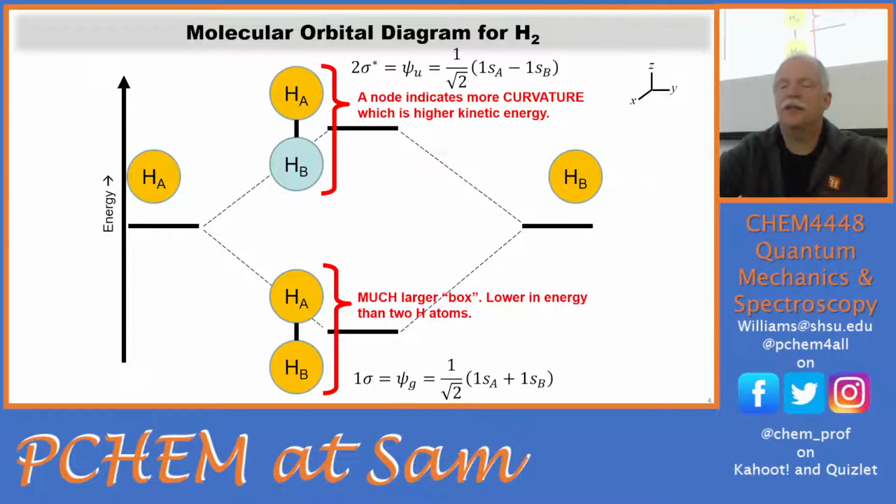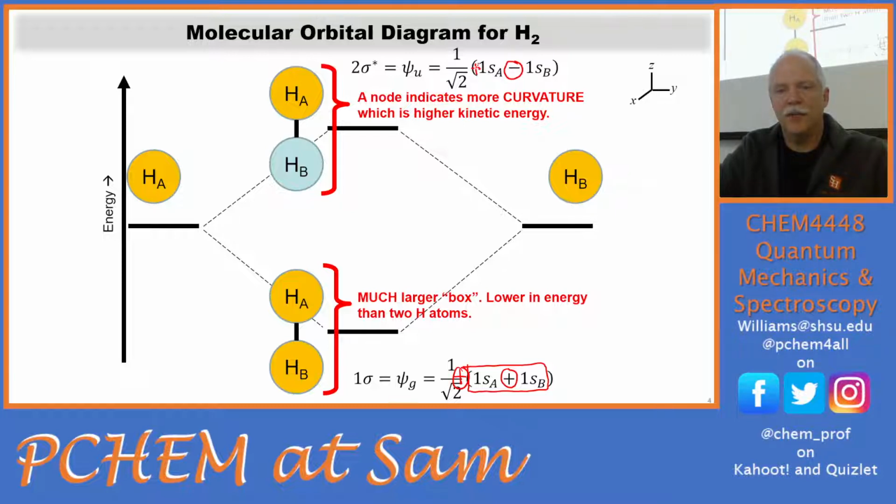Oh, here, let's talk about this for a second too. This is a little shorthand way. So you can draw the pictures or you can write this out. Look how I'm writing this wave function. I'm just saying the 1s on atom A plus the 1s on atom B. And so whenever they both have the same sign, they're in phase with each other. Up here they have an opposite sign.